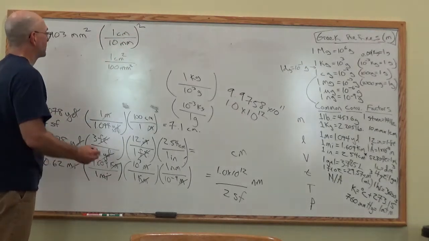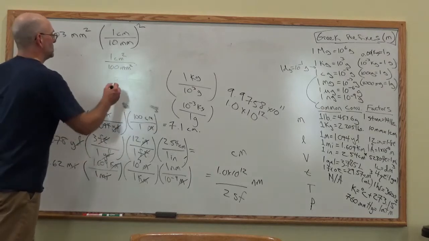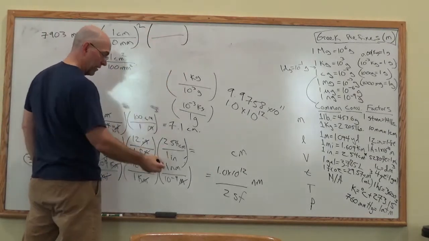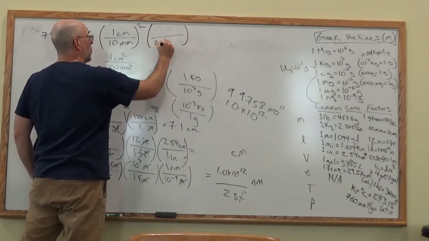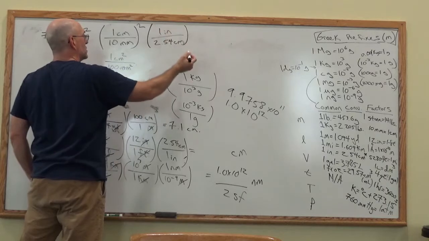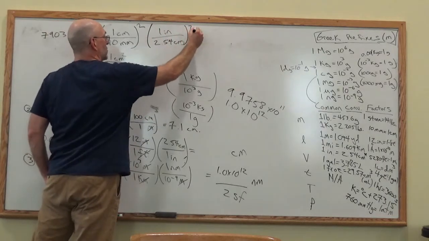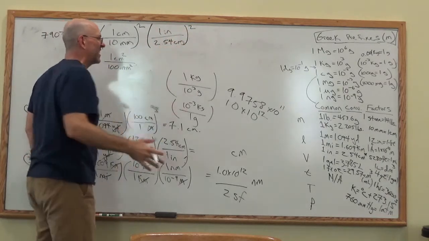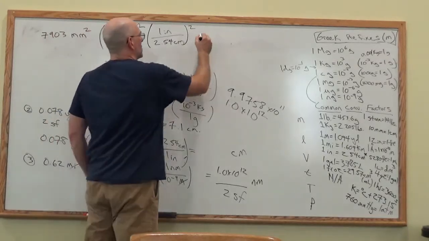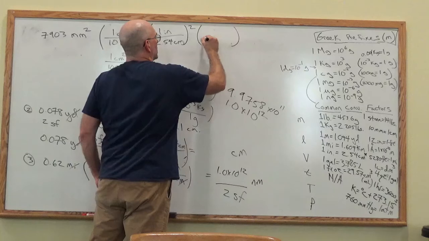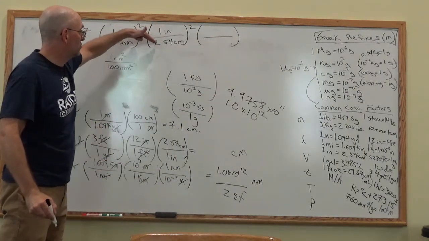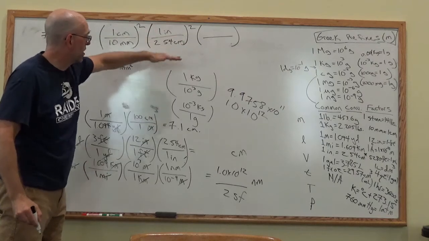Okay, so we also know that there's now, hopefully I get it right this time, 2.54 centimeters in an inch. But we have to square it, so we have to square 2.54. That ends up being like 16 something or other. I forget what it is. And you can do that if you want to. 1 inch squared is 2.54 centimeters squared, but that's fine.